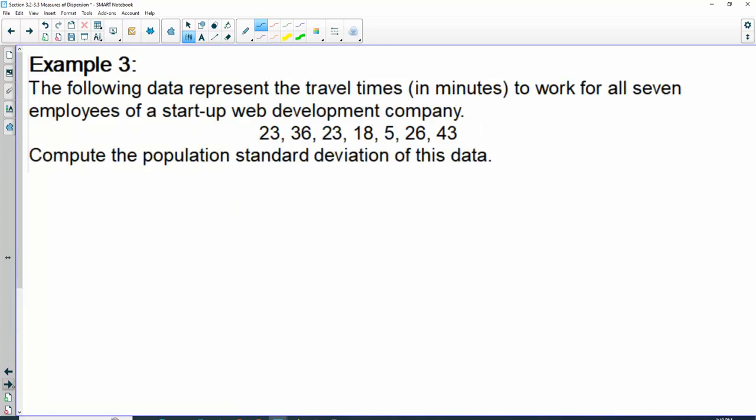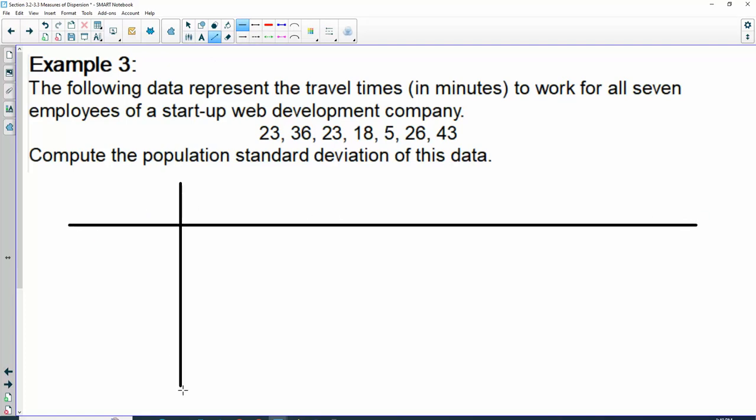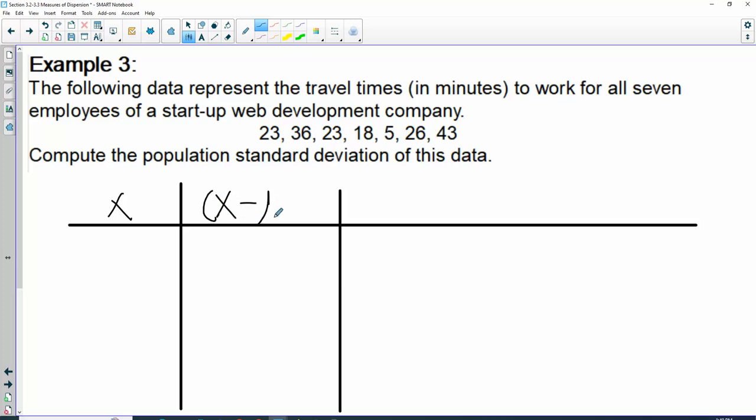So if I wanted to find the standard deviation for our web company, what we are going to do is make a table to do this. I am going to list each x, and I'm going to take my x minus the mean, and then we square that, because the formula said we had to square them all and then add them together.